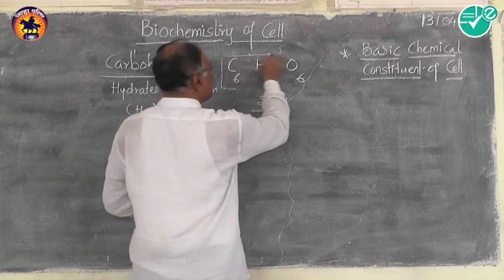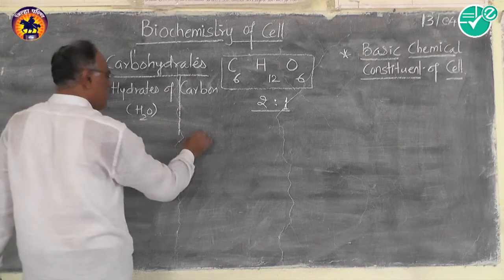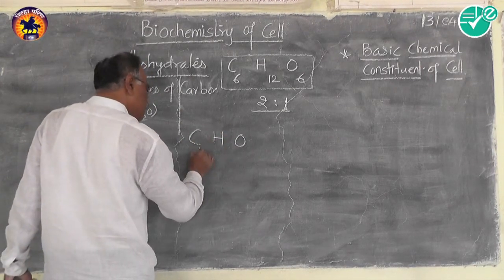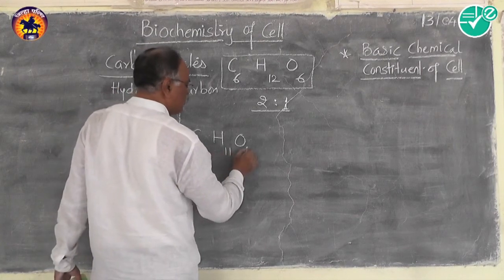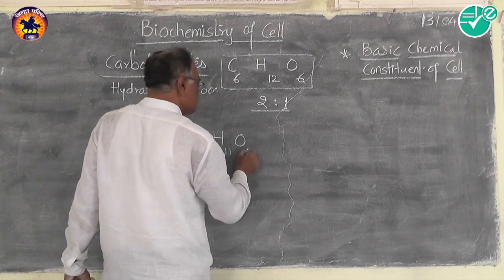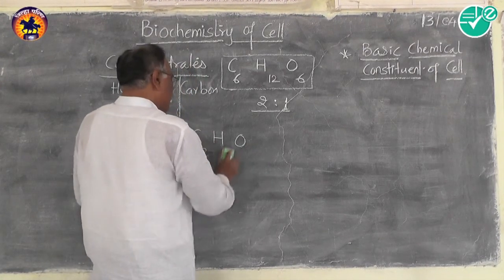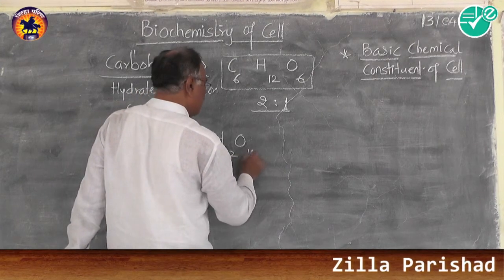Which one is sweet in taste? The complex carbohydrates are carbon, hydrogen and oxygen, where carbon is 12 in number, hydrogen is 22 and oxygen is 11.